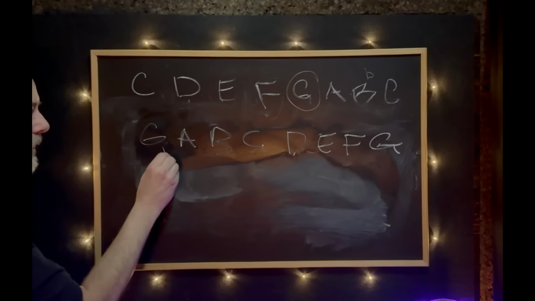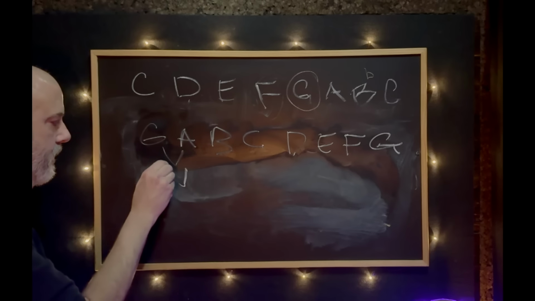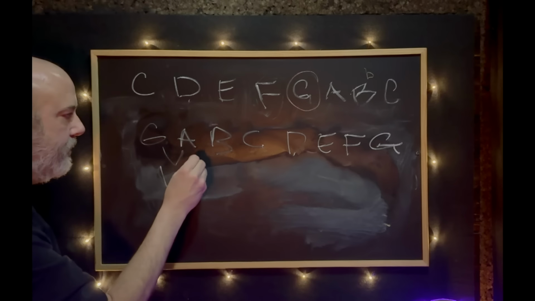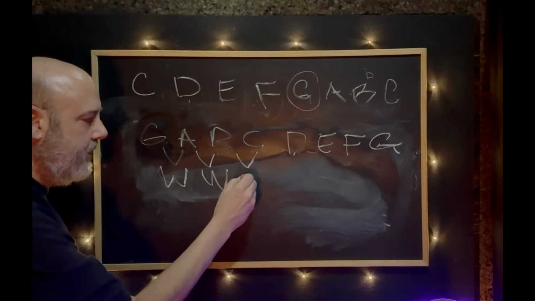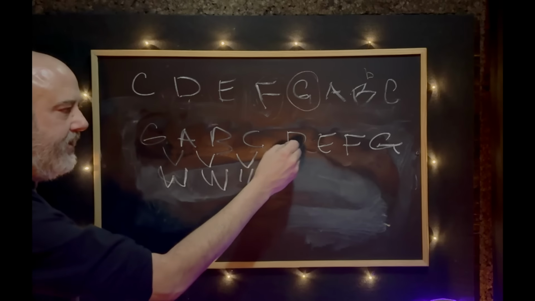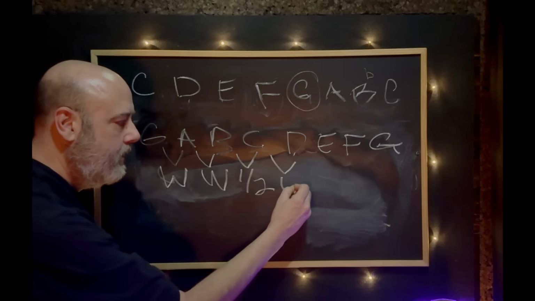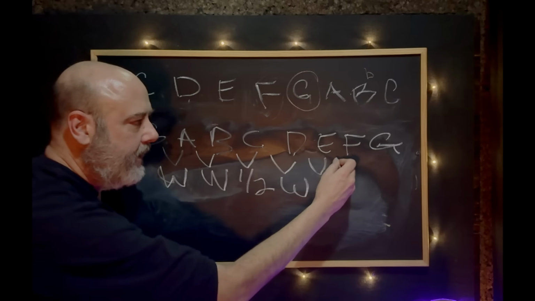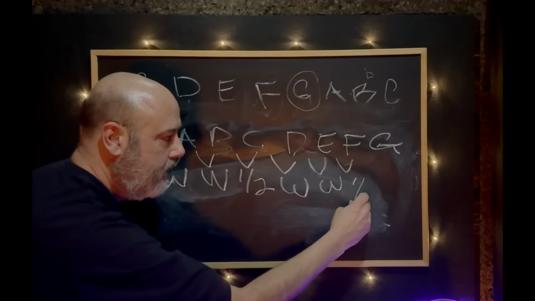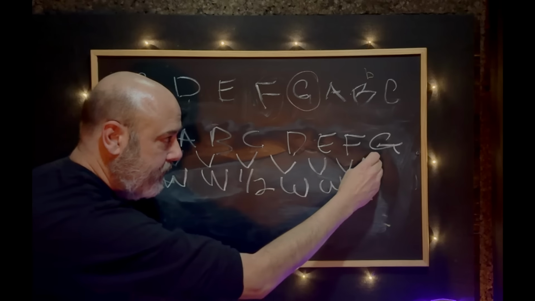All right, it begins with a whole step, then off to another whole step. B to C is a half step. C to D is a whole step. D to E is a whole step. E to F is a half step. F to G is a whole step.